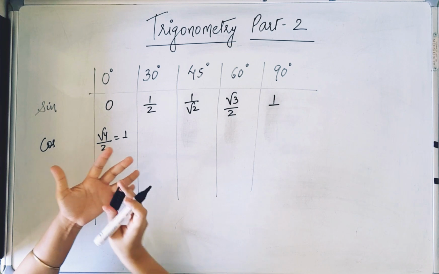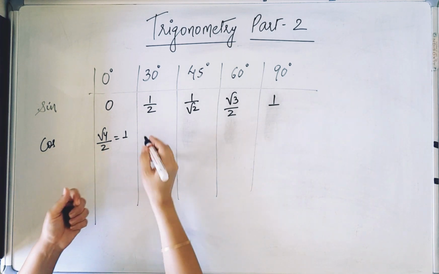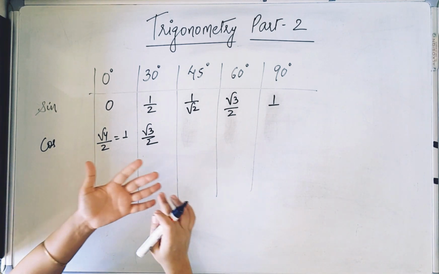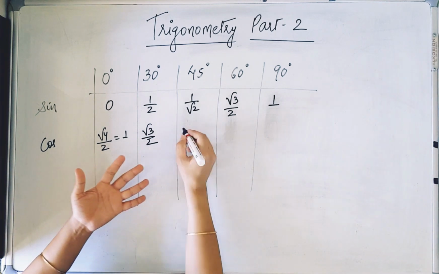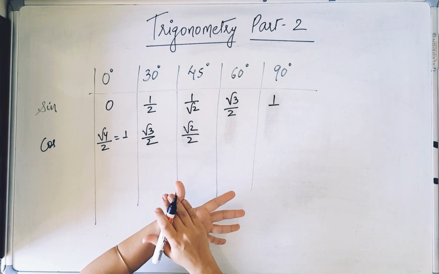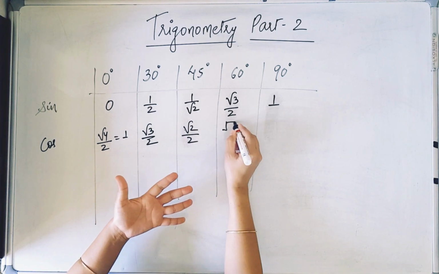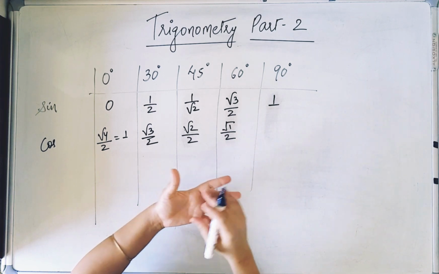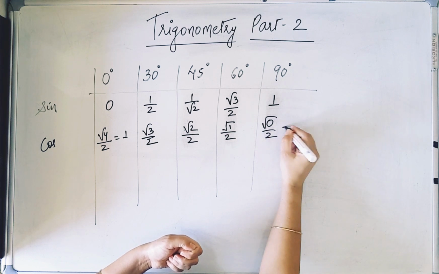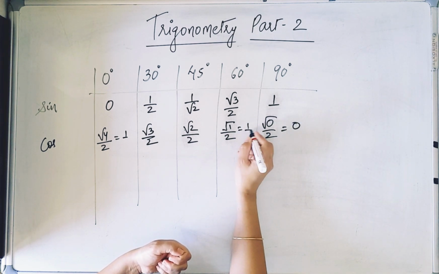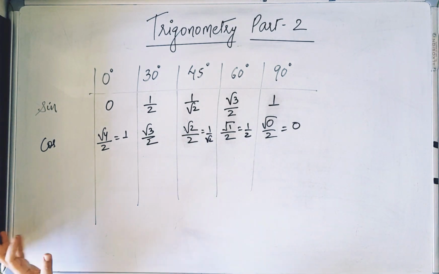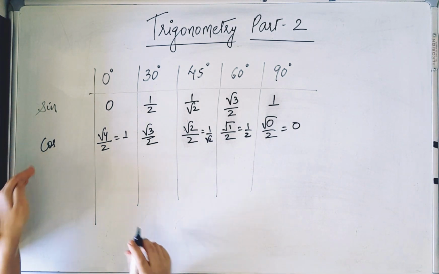Cos 30: above this 1, 2, 3, so square root of 3 by 2. Cos 45: square root of 2 by 2. Cos 60: this is 1, square root of 1 by 2. Now cos 90: there is not a single finger above, so square root of 0 by 2, which is 0. So this will be 0, this will be 1 by 2 and this will be 1 by √2. In this manner we have got the values of sine and cos.